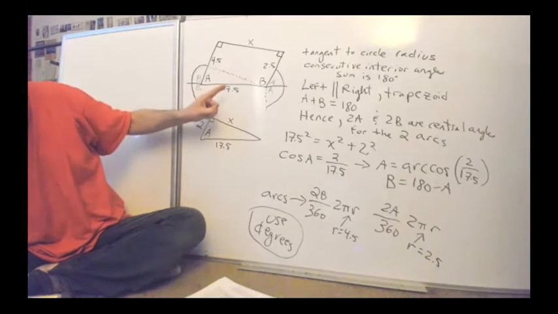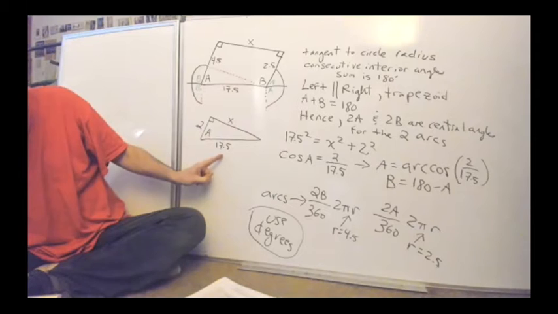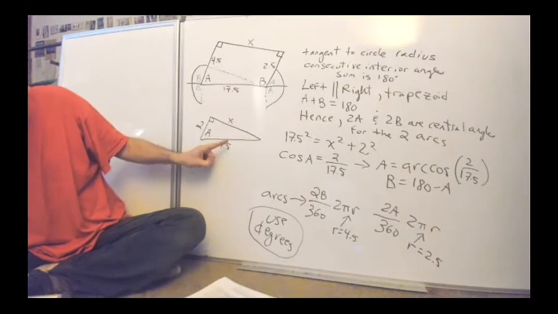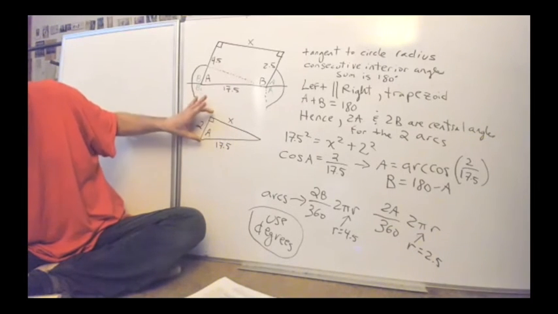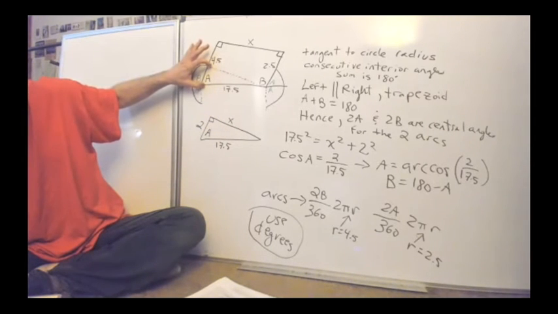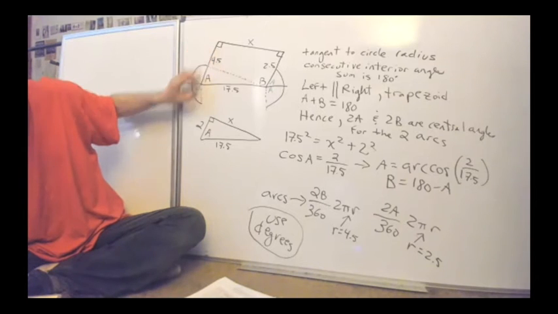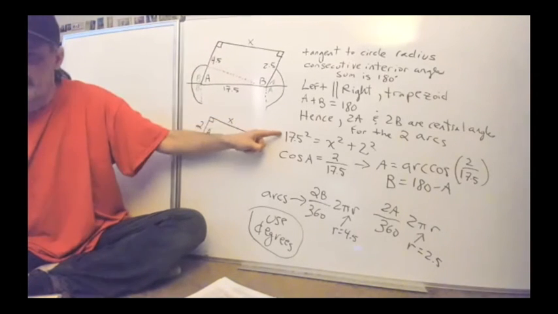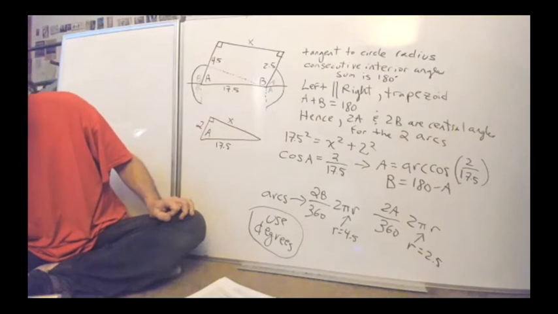We already know 17.5 would be the hypotenuse of that right triangle, and then X would be the other leg. And the leg on the left side is 2 because that's the difference between 2.5 and 4.5. Then we just solve the Pythagorean theorem to get X.